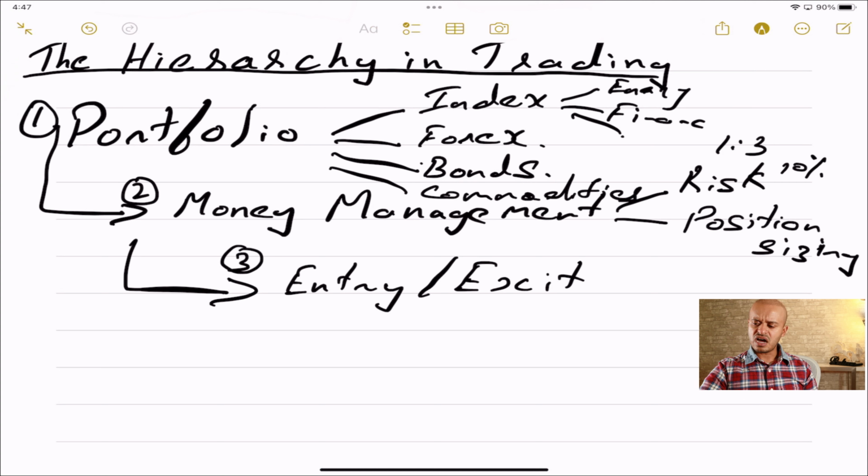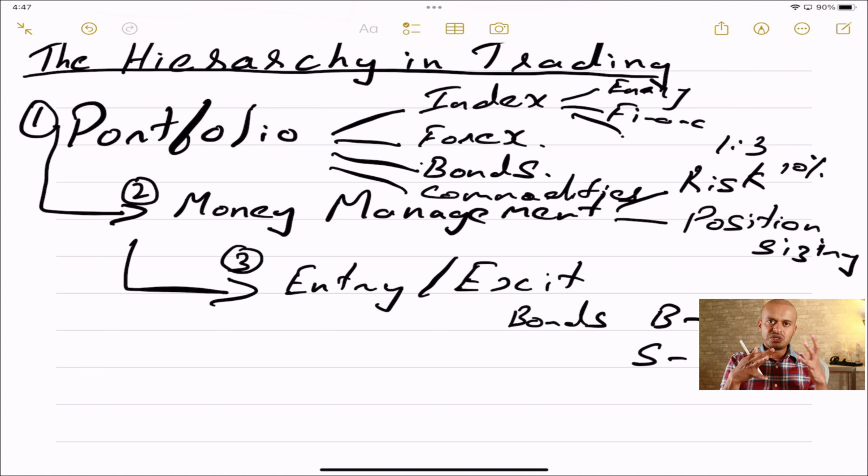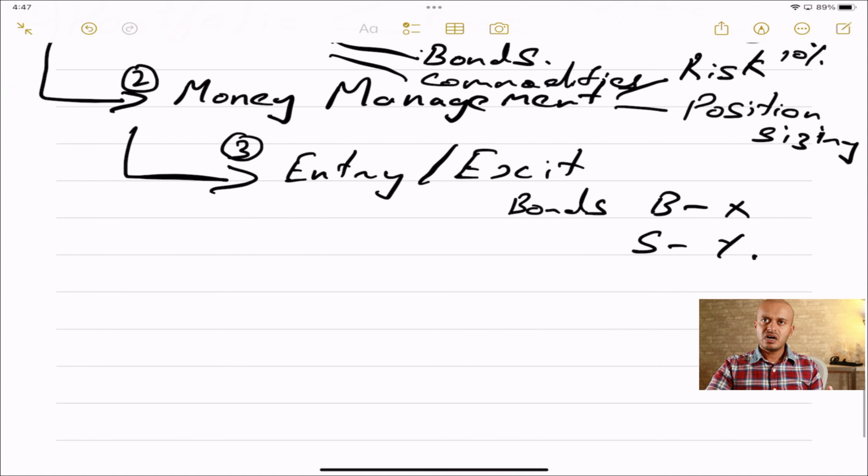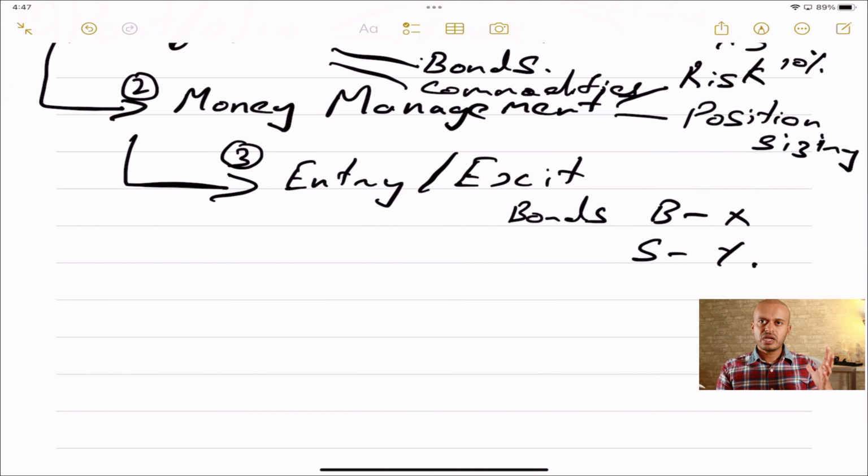And the next is I will then decide I'm going to buy bonds at a certain value. Buy would be at say price X, and I would like to sell it at price Y, and that's your strategy. So it ties into different sectors, and I'm sure you're doing this already in your trading journey. But what we're talking about here is the setup, the hierarchy of how you would follow it in chronological order.